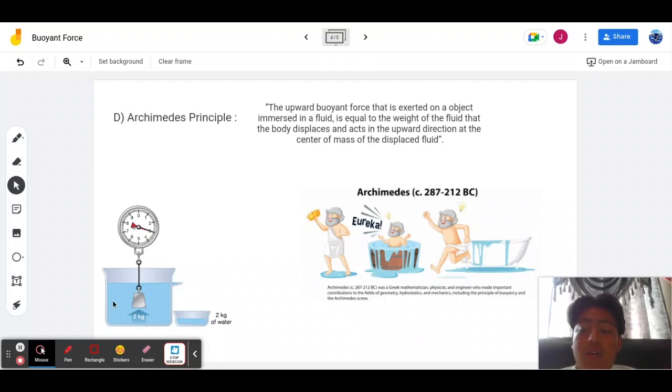It sinks in the water, and the water rises up, then flows down. The water that flowed out weighs 2 kilograms, which is equivalent to the mass of the block. So basically, that's how buoyant force works. The volume of water that rises is also equal to the volume of the block.